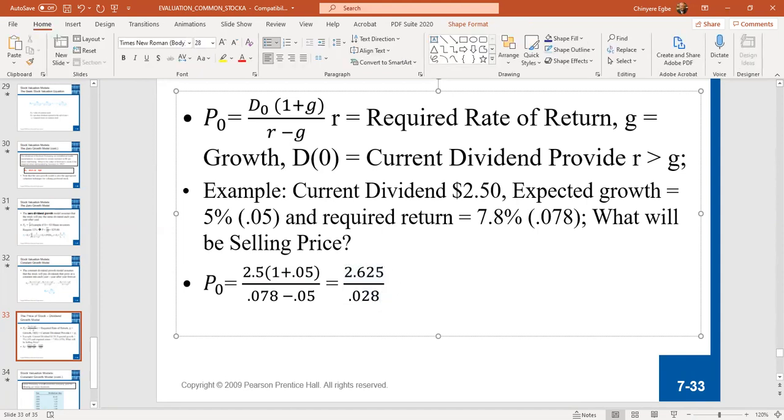And so what we have as the selling price of the asset would be 93.75. All right. So this is an example of solving for the price of a stock.